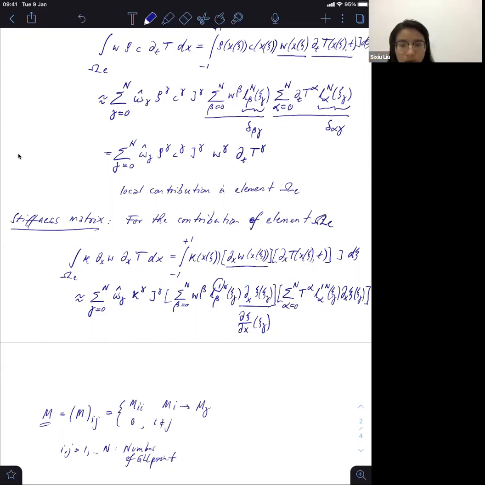Professor, why is it with respect to x? Because, oh, okay, I see that. It comes from this part here. So we're going to do the derivative now in the local coordinate xi. So in order to do that, we have to take the derivative of the polynomial times this additional xi with respect to x.